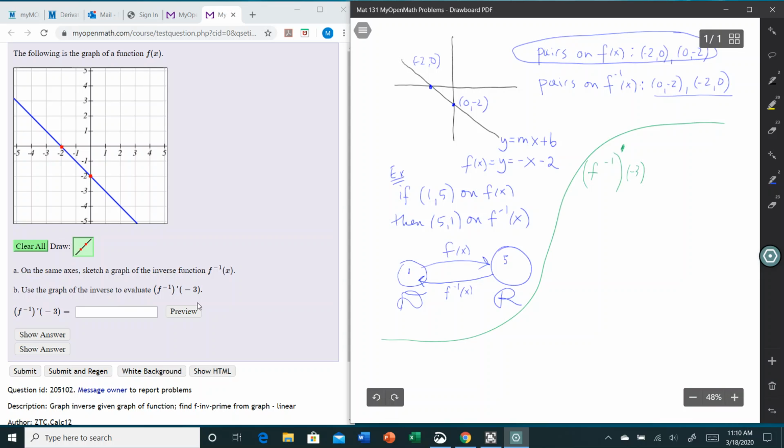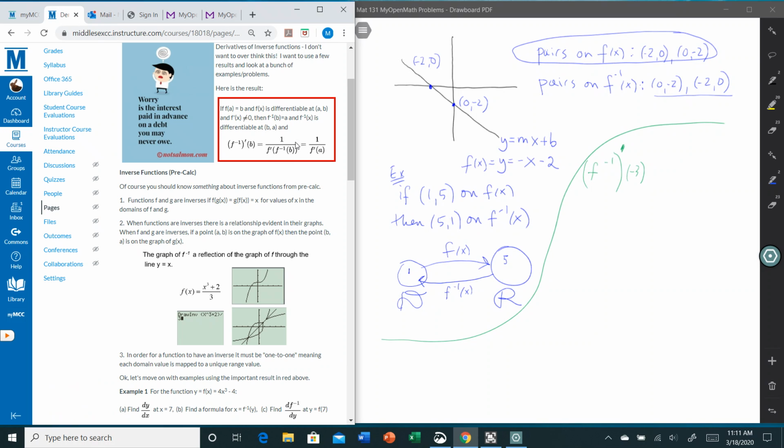We're going to use the result in the red box. This result says f inverse prime of a number would be equal to 1 over f prime of whatever value maps into that number, because this assumes that the ordered pair a, b is on the graph of f of x.